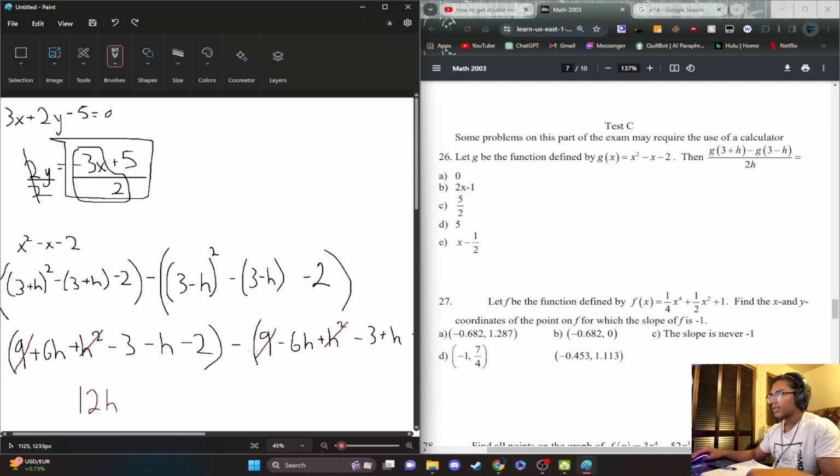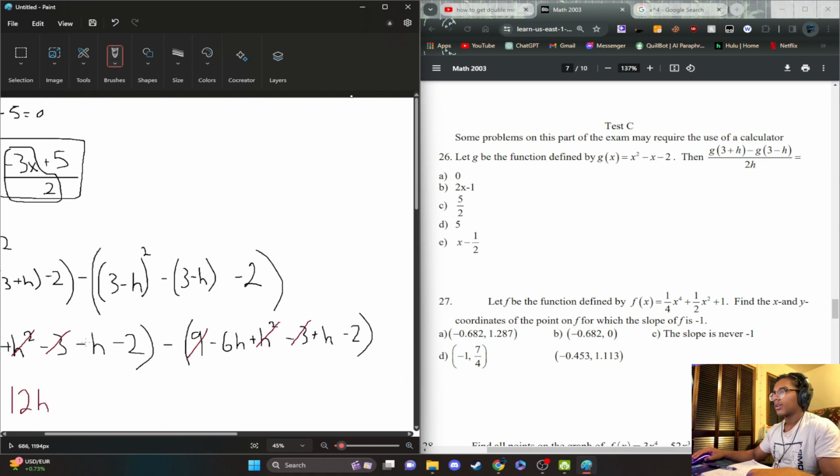So negative 3 plus 3, these cancel out. Negative h minus h is negative 2h, so you keep that. Negative 2 minus negative 2 is 0.